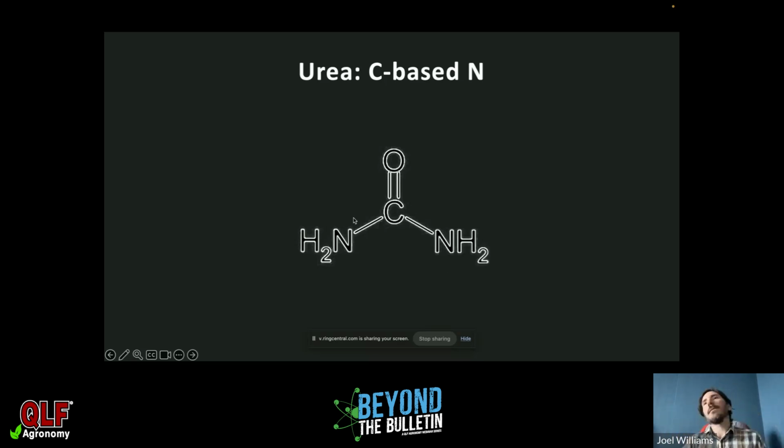I mean, amino acids are the number one, and they are the fastest to be absorbed through that leaf. But second is urea in terms of speed of uptake, then ammonium, then nitrate. And the reason that urea is particularly good here is that it is carbon-based. It has carbon and it is a charge neutral molecule. That's not a cation. That's not an anion.